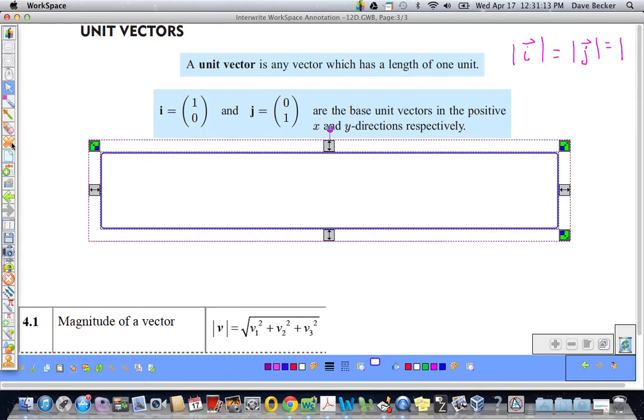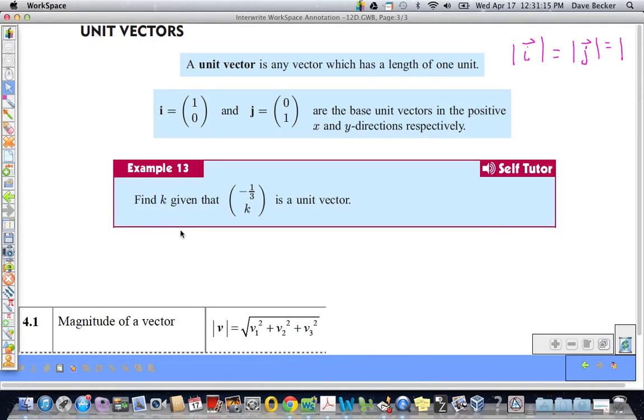So let's say that we have a unit vector, but we're not sure what this component is, and we need to find k. Here's my formula for magnitude again if I get stuck. Let's call this unit vector u. Okay. Well, we know that the magnitude of any unit vector is equal to 1.